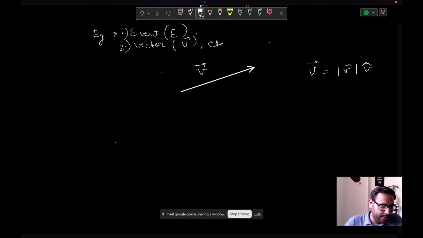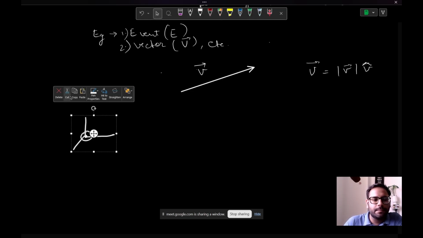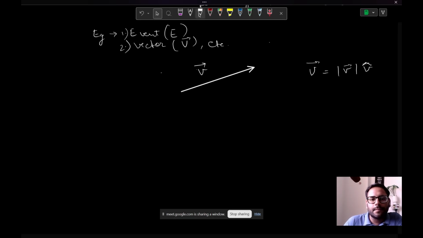Now see, I will quickly draw three reference frames. I can define it in either way. Let's define it like this: x, z, and this is y.